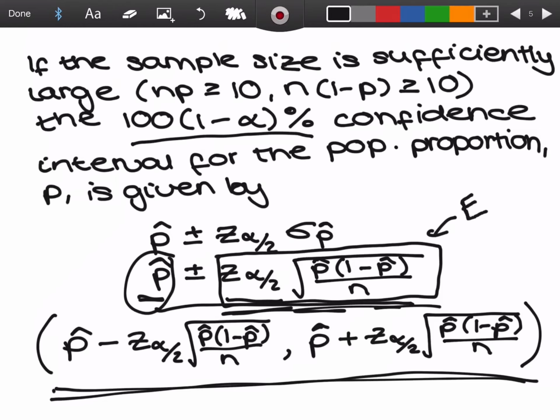With the sample proportion, the confidence level, and that maximum error, you can rearrange this equation to find n. Again, it's a terrible formula to find that sample size n by rearranging all of this. So what you're going to do is use that sample size program that I put into your calculators, and just put in the information from the problem to find that minimum sample size that is required.